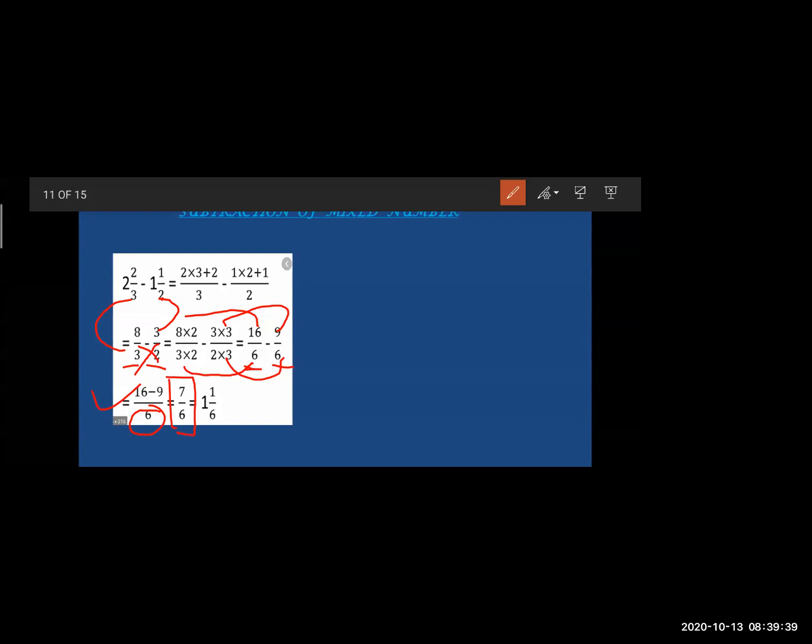So you will get the answer 7 upon 6. And when you divide it further and try to convert it into a mixed number, you will get 1 and 1 upon 6. This is your final answer. So we have done subtraction of 2 upon 3 minus 1 upon 2, and the result is 1 and 1 upon 6.